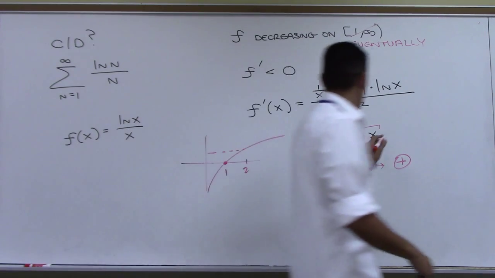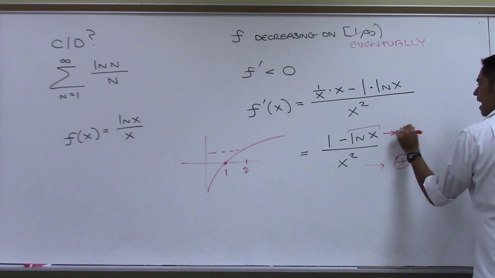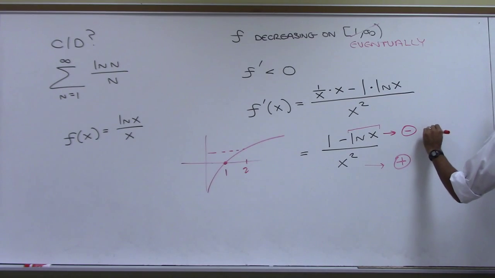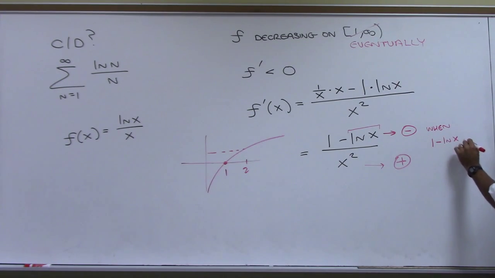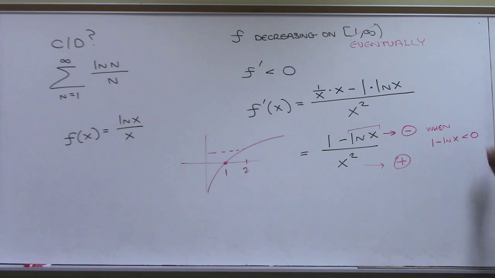Yes? So I'm going to say that this is negative when 1 minus natural log of x is negative. Which means when the natural log of x, I just moved this over, as soon as the natural log of x gets bigger than 1, this is true.